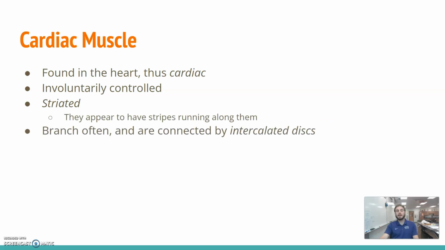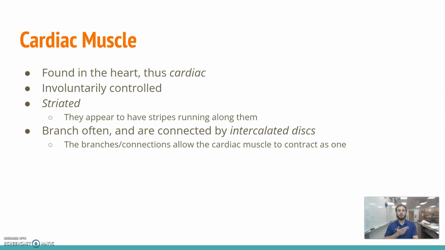Cardiac muscle has many branches that are connected to other cardiac muscle cells through what's known as intercalated discs. These intercalated discs allow electrical pulses to spread very quickly throughout the localized area, and allow the cardiac muscle tissue to contract as a single unit, which is going to become very important when we take a look at our cardiopulmonary unit next semester.